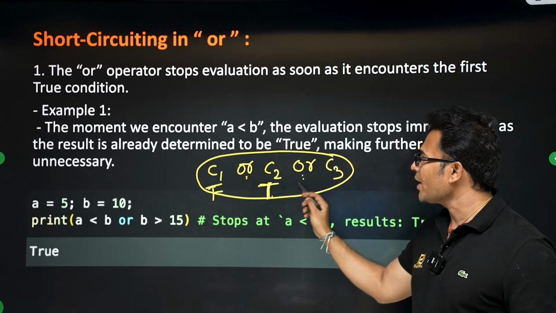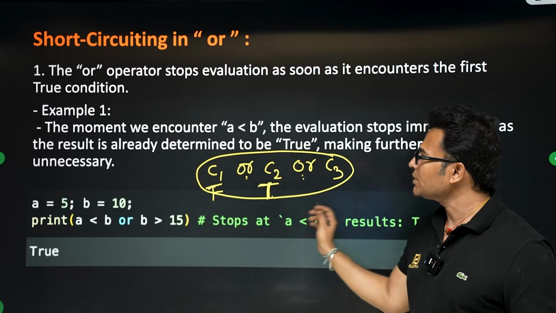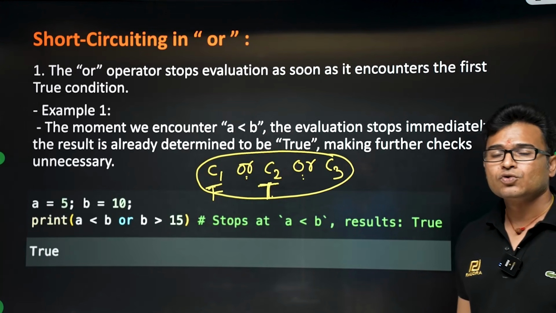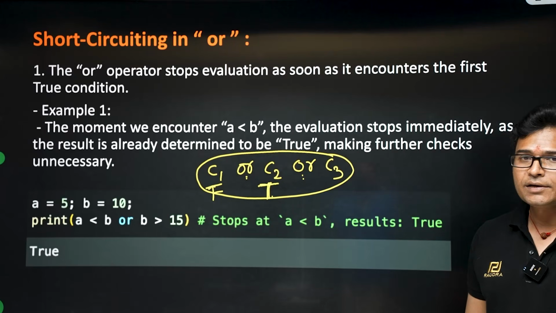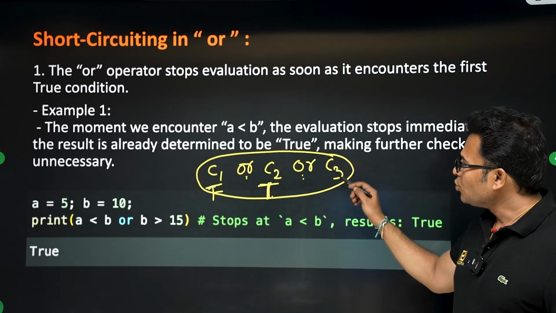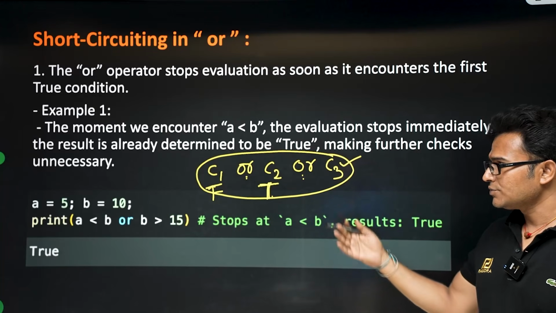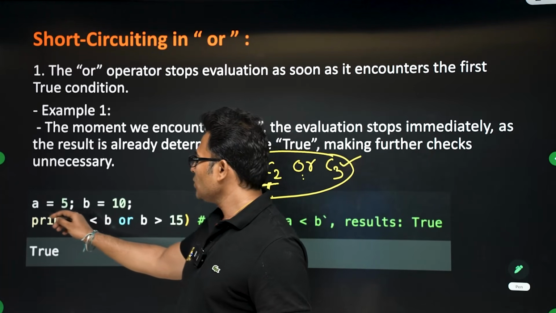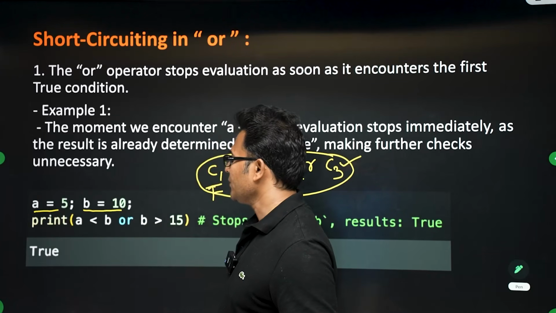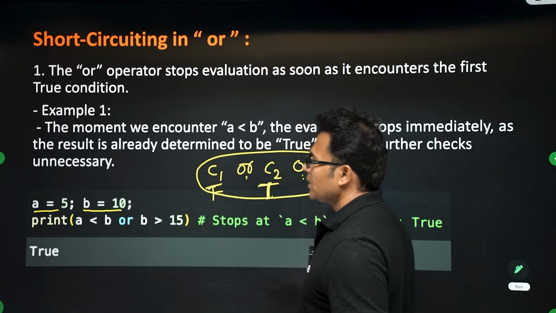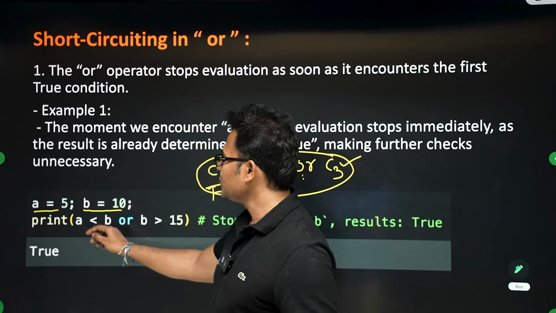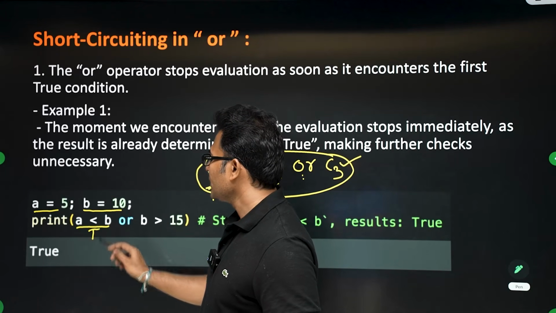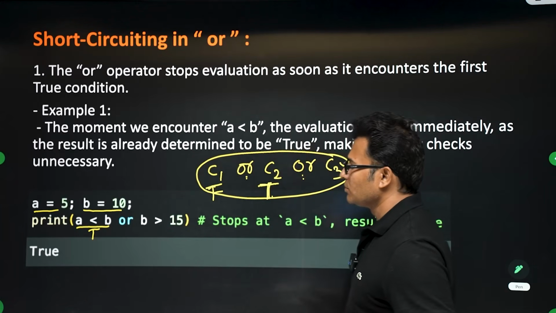Because of the OR we have, the entire expression turns out to be true, which means you don't have to evaluate C3. That is what is written here. For example, if A equals 5 and B equals 10 is given, A is less than B is true.